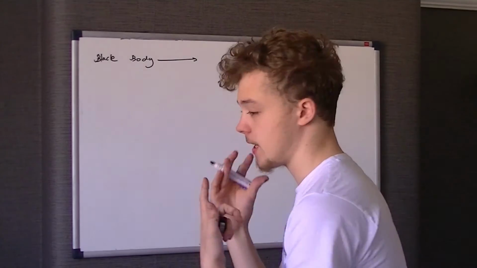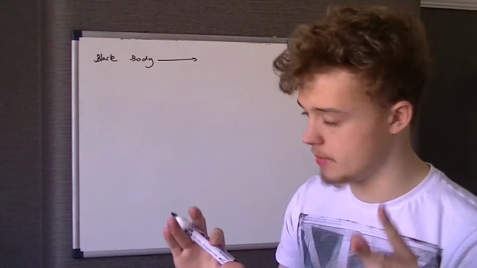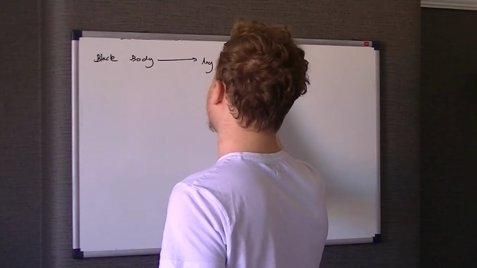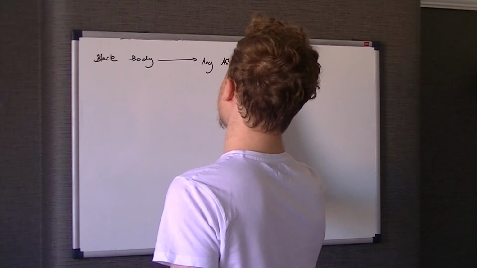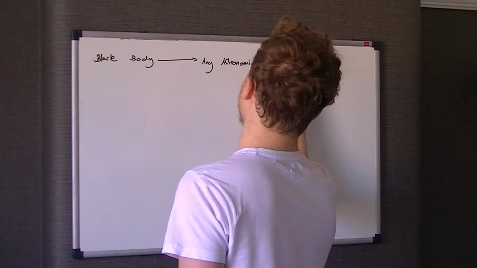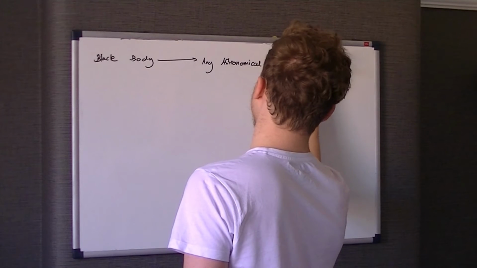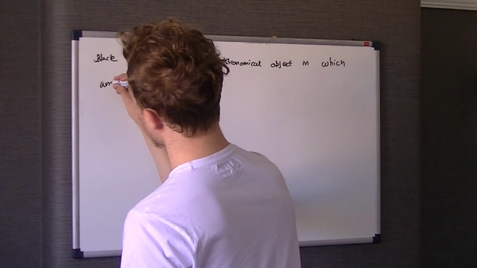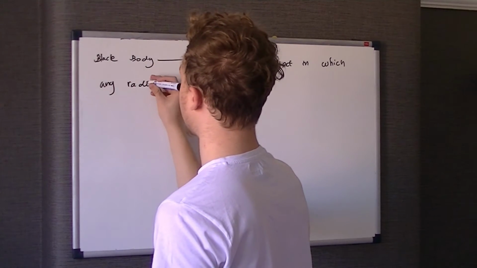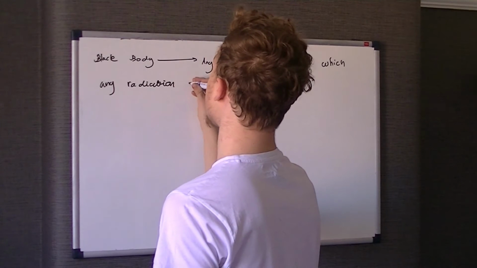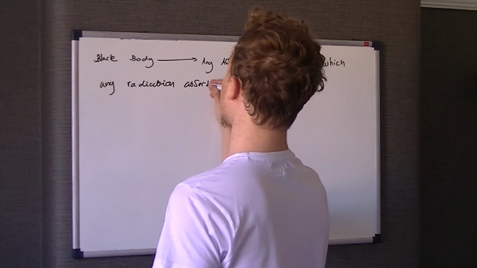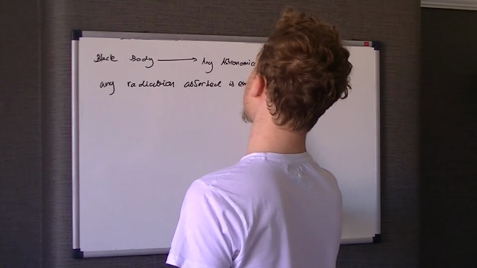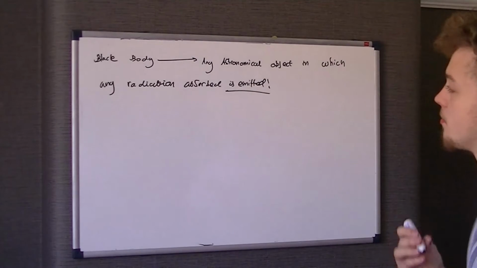In other words, any radiation absorbed is emitted straight back. So that's what a black body is.